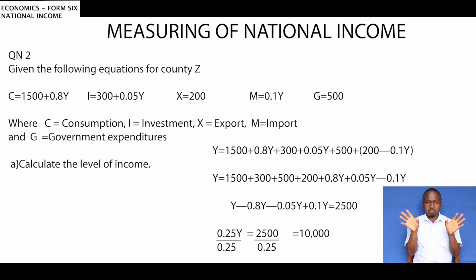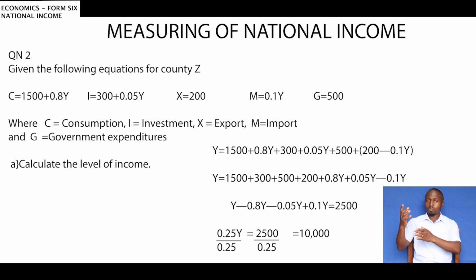we have to take 1,500 plus 300 plus 500 plus 200. And then we take the numbers with y: 0.8y plus 0.05y minus import, which is 0.1y. We take those numbers with y to the other side, to be deducted from y, which is the level of income.